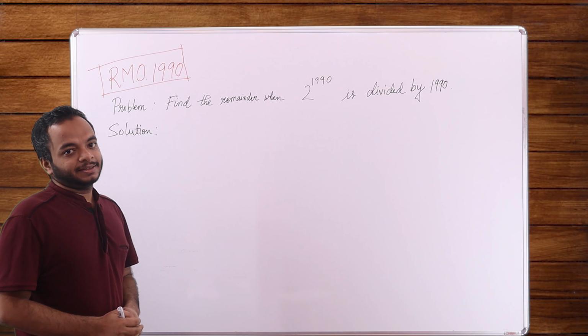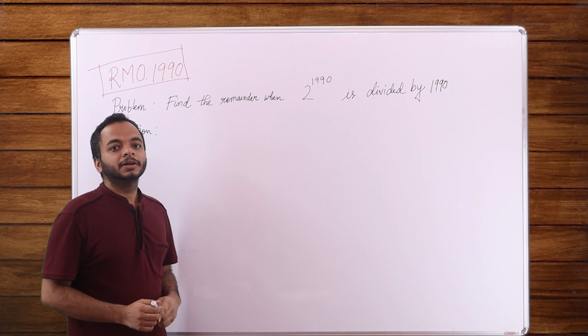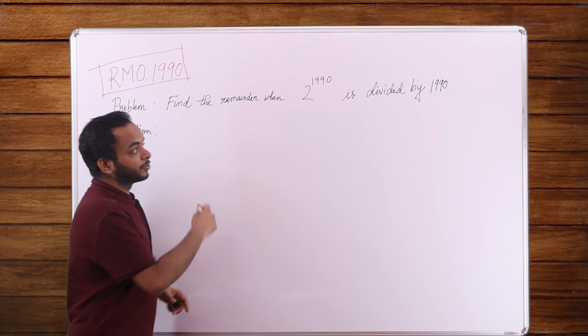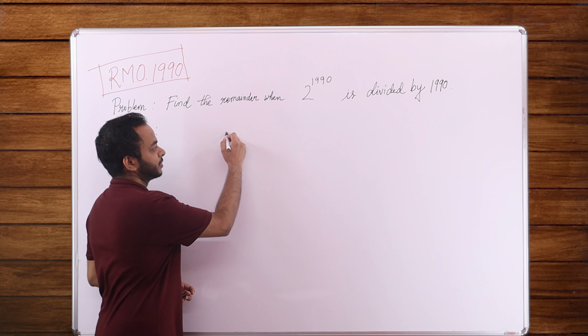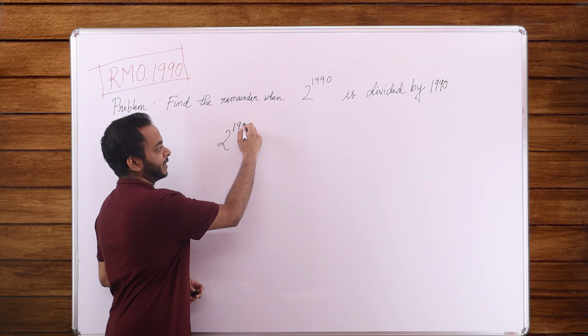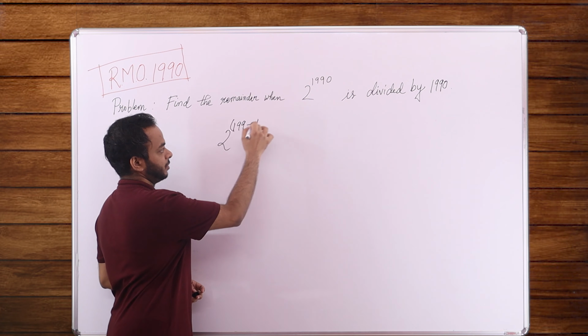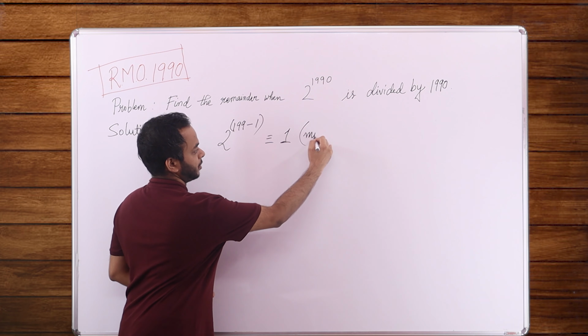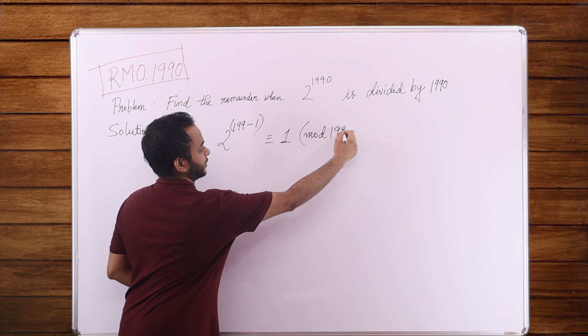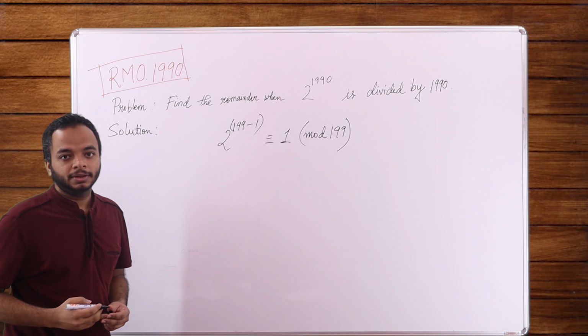As I said, we have to use Fermat's theorem. If you use Fermat's theorem with the prime number 199, you are going to get 2 to the power 199 minus 1 is congruent to 1 modulo 199, right?